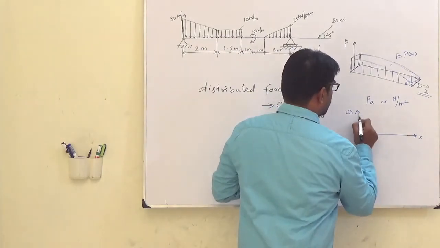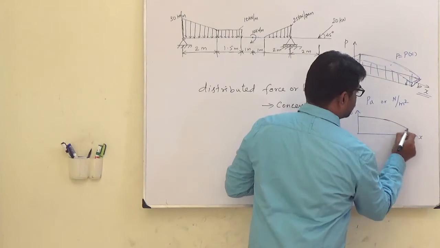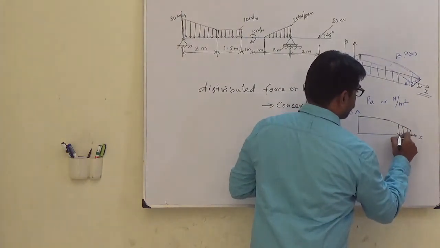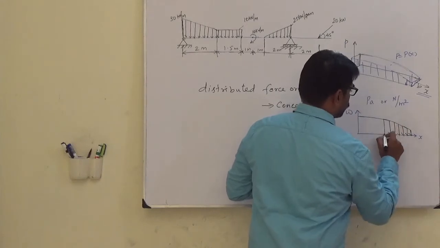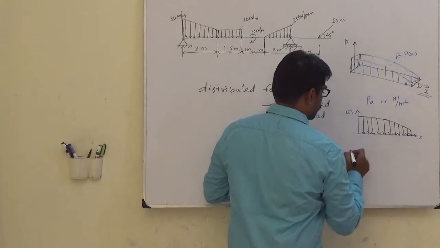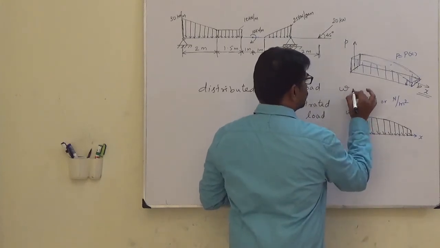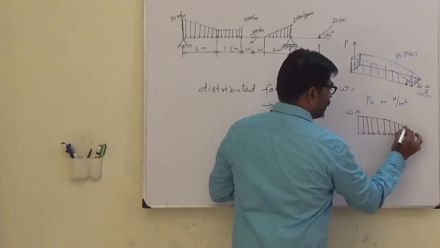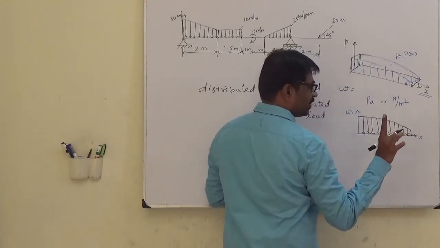Then what is this W? It is distributed like this. W is varying with respect to only x.